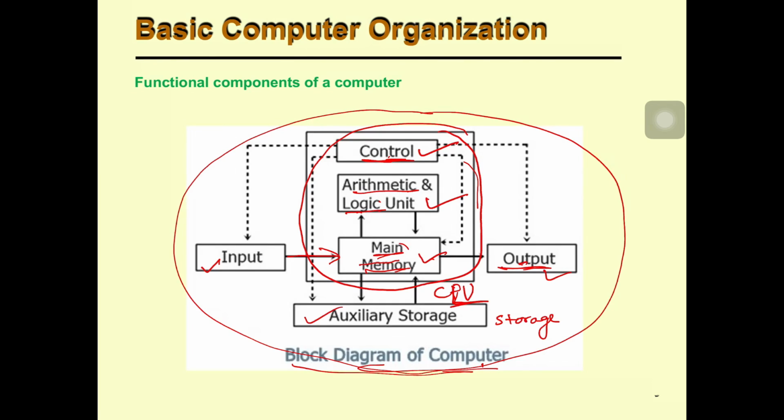Okay, or the processed data or the information may be stored within the computer. Okay, if we want to store that information in the computer, then it is stored in the auxiliary storage or the secondary storage device. Okay, and if we want to send the output to the user, then several output devices are used.